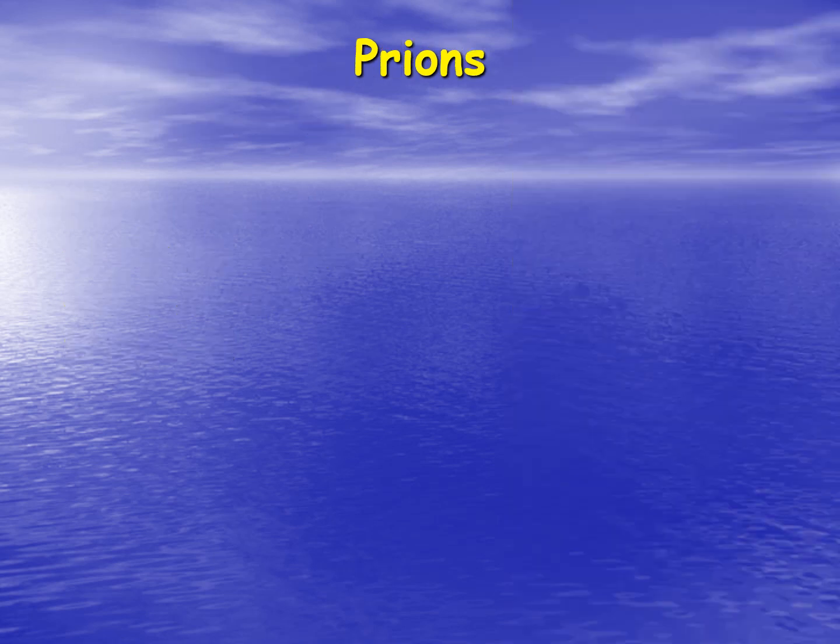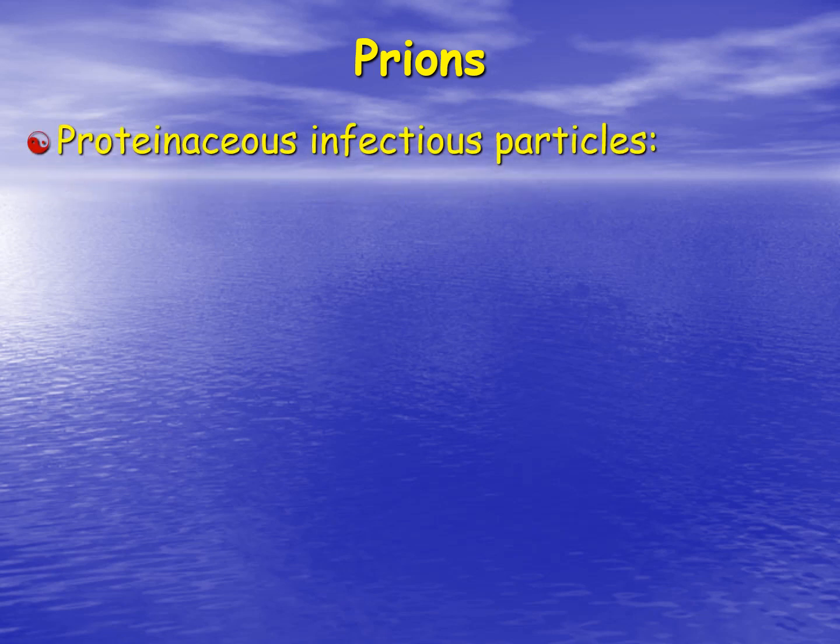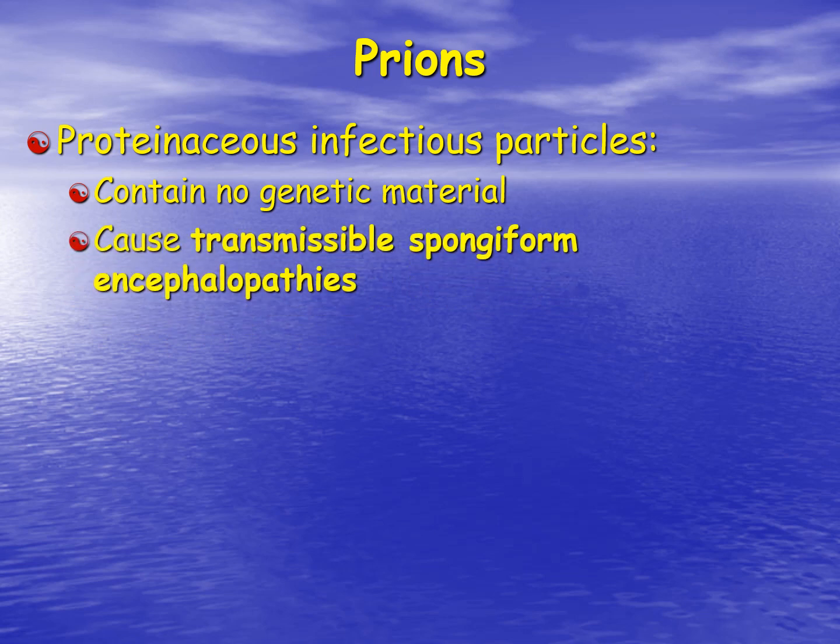Now, prions. We said prions were actually proteinaceous structures, proteins, that acted like viruses. They contain no genetic material because they're simply a protein. And they cause transmissible spongiform encephalopathies, basically destroying brain tissue, leaving the brain looking like Swiss cheese.